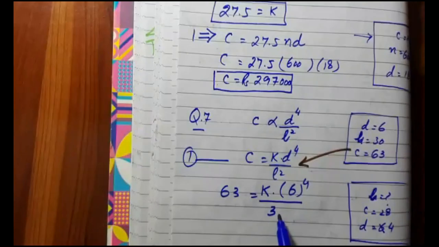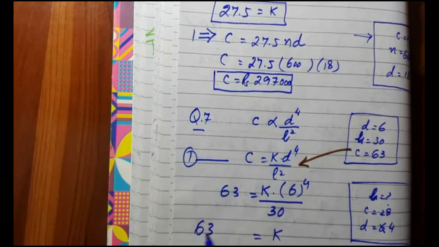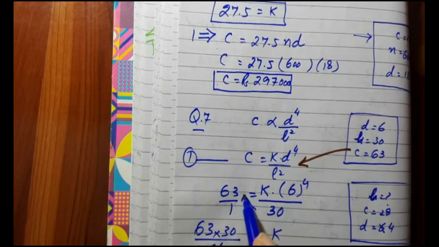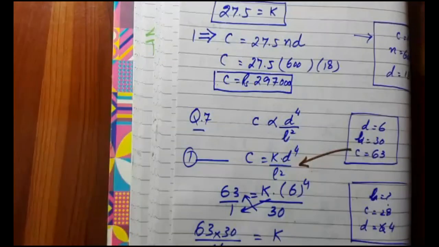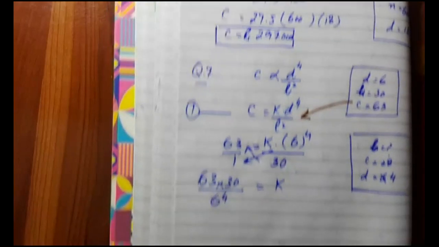If we go for the cross multiplication and derive the value of k, that is 63 times 30 divided by 6 raised to power 4. We will go for cross multiplication so that we can derive the value of k. So simply put it into this formula and go for the cancellation.